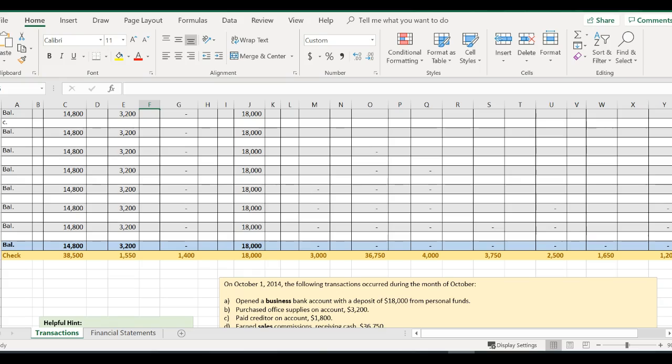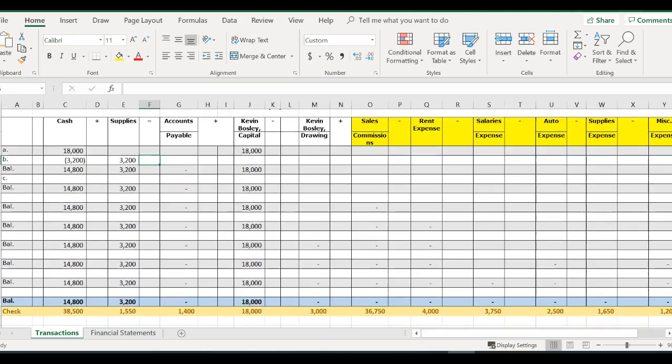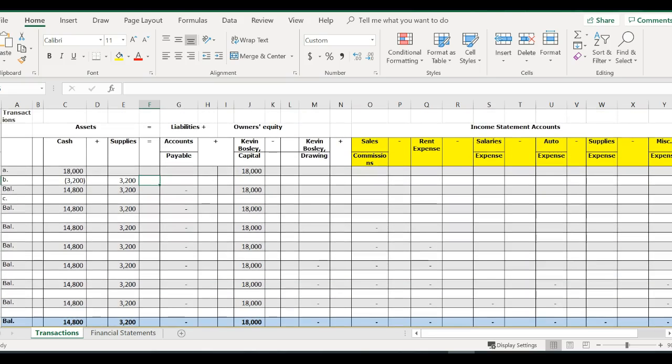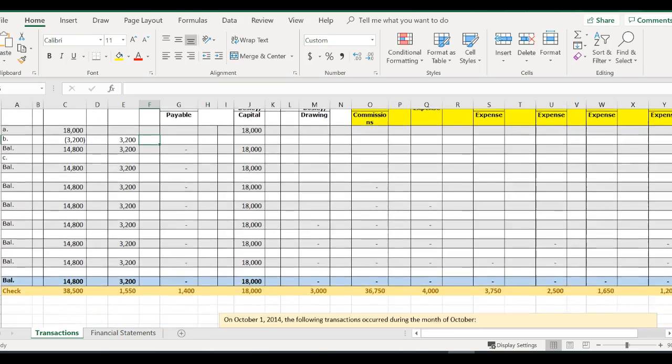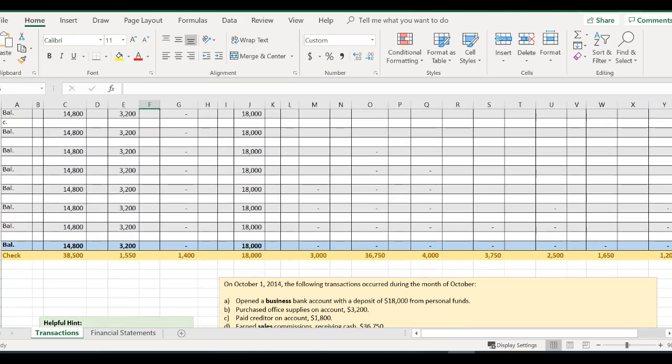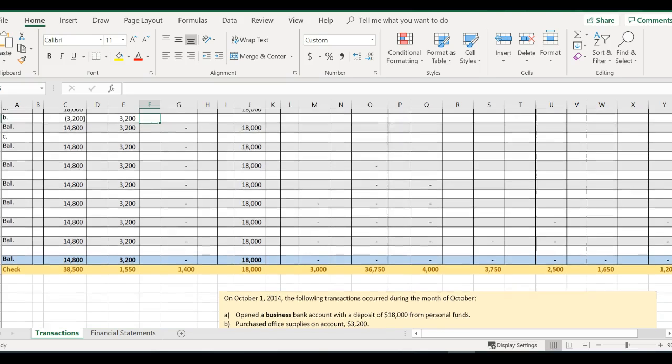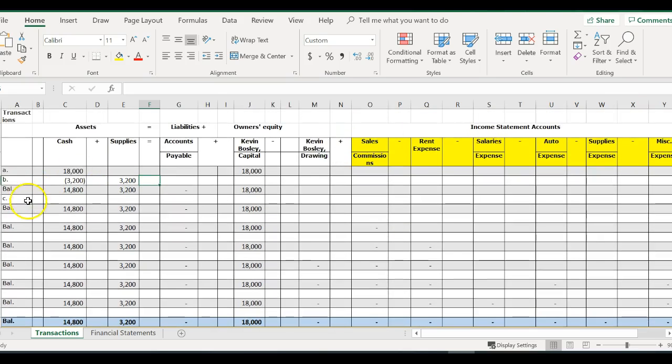The next one is I paid a creditor on account. On account, I owed them money, right? Actually, this is saying I paid somebody, so I'm going to decrease my cash by, how much was it? $1,800. So this is C, see here? You're going to do a negative $1,800 here. Now, if I owe somebody something, that's an accounts payable.